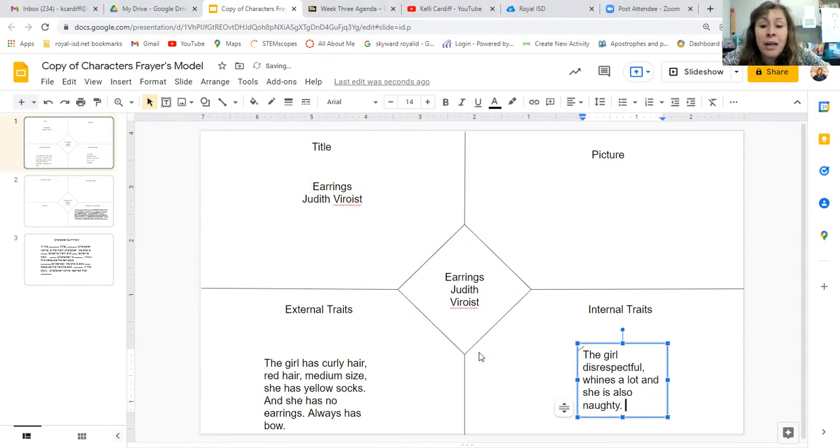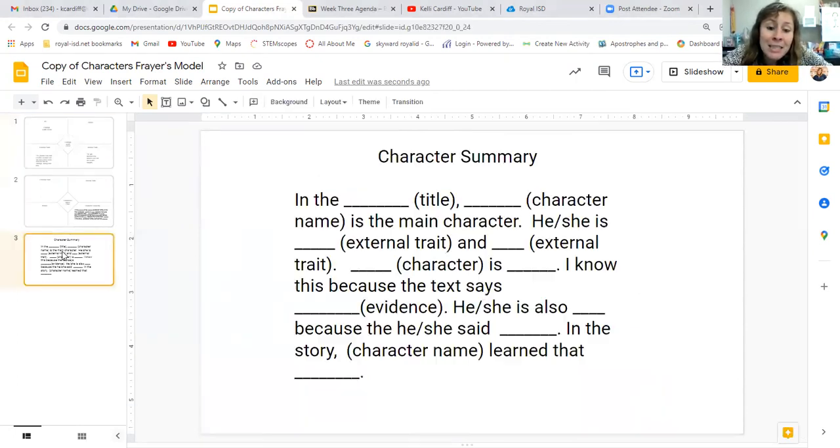So we would move on and I would have the student put the title first, external and internal, and they can draw the picture last, and make sure that they give details, external traits, because we know that that's on the outside of her body, right? So I would definitely have that. We would also have the sentence stems throughout just in case.